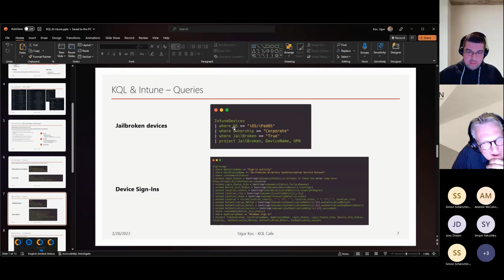So KQL query is definitely my go-to tool when I'm searching for data or just filtering for data. If someone is asking, hey, how many jailbroken iOS devices do we have, or do we have any of them? Preferably not. It's just 5 lines that you can show the answer to.